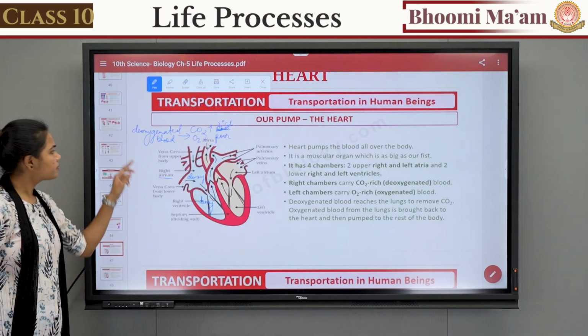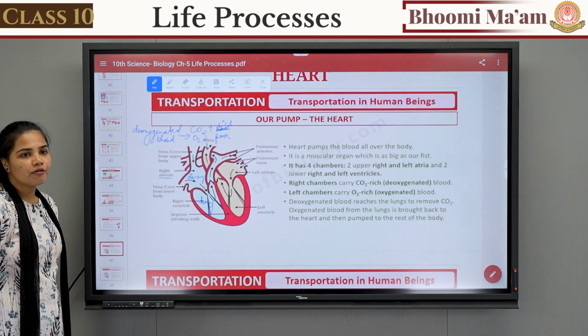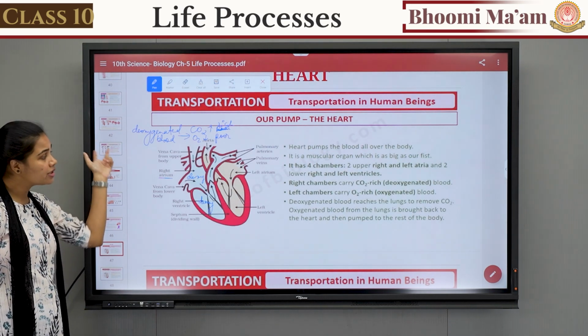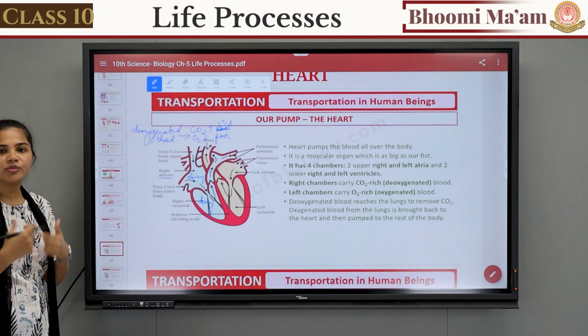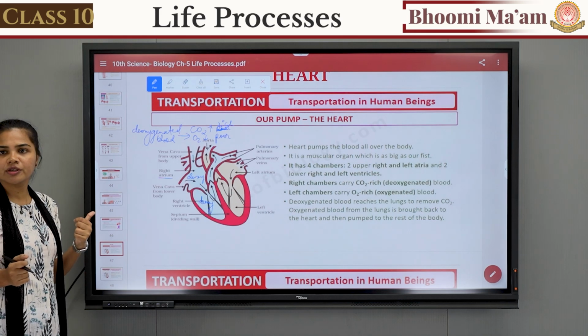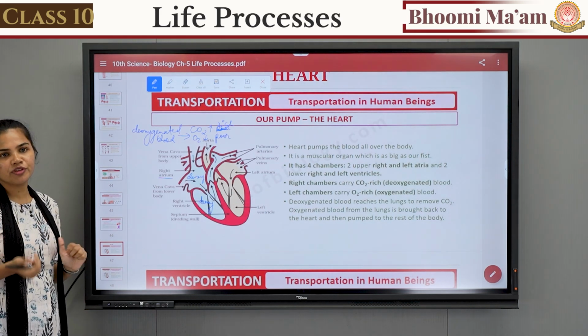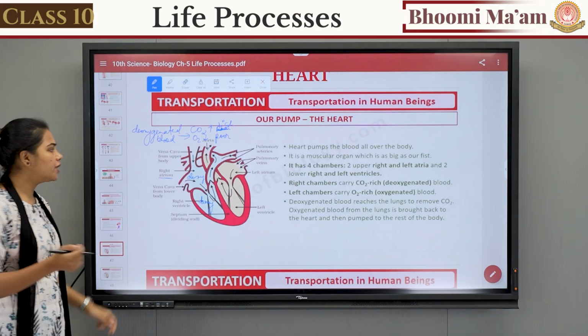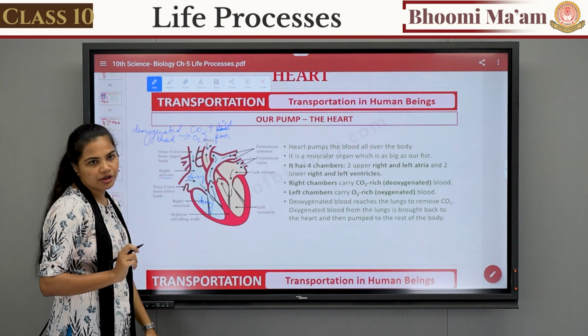Next, this vena cava, which is attached to the upper part, brings the deoxygenated blood from the upper parts of the body, right? Where does it bring this deoxygenated blood from? From the upper parts of the body, it brings the deoxygenated blood and gives it to the right atrium, right?